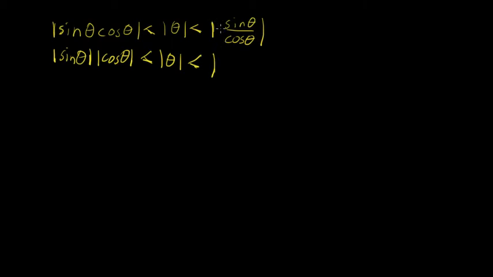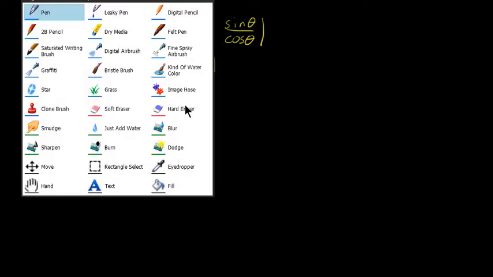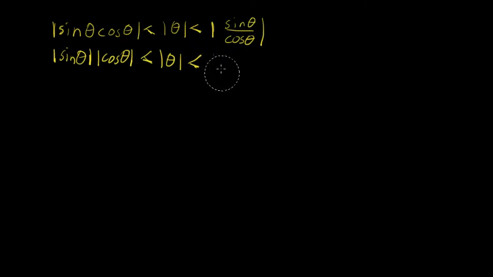Again, the absolute value of a quotient is the quotient of absolute values. So let me erase this. This is equivalent to the absolute value of sine theta over the absolute value of cosine theta.